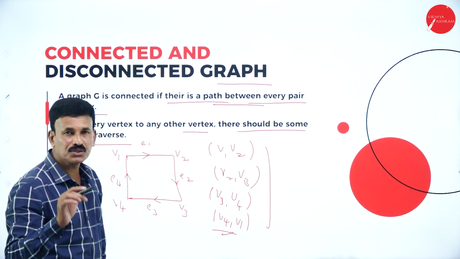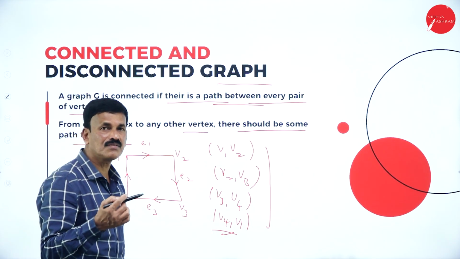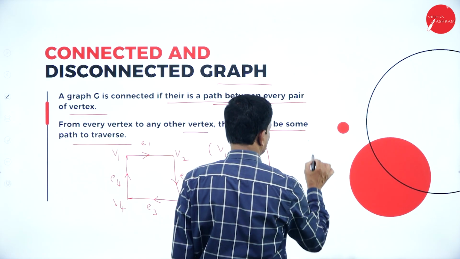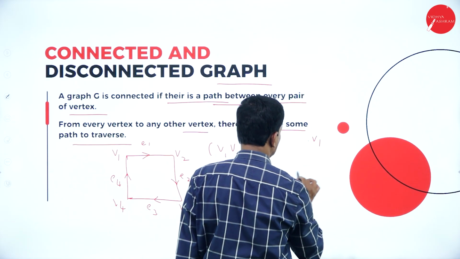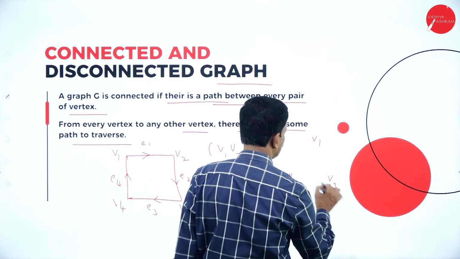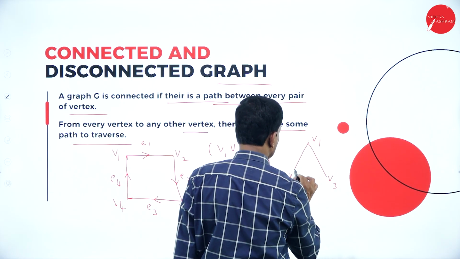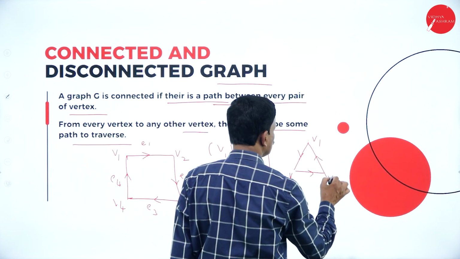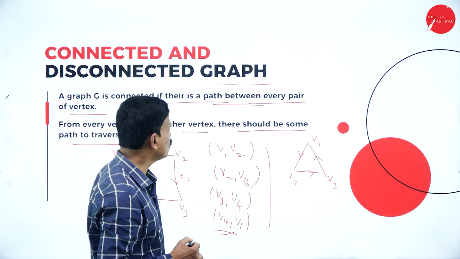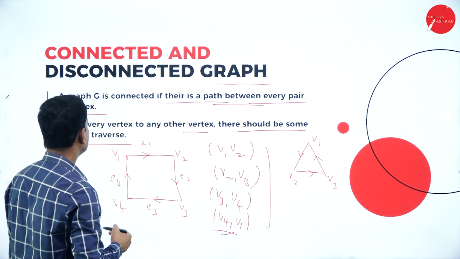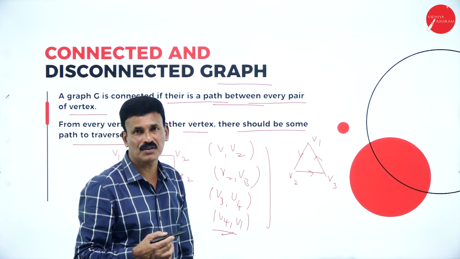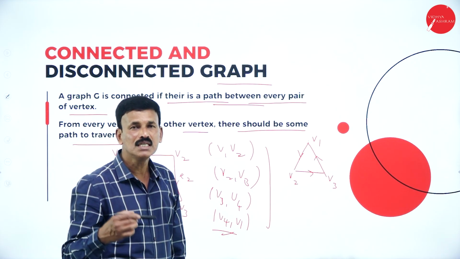If there is a path to travel from one vertex to another, they are called connected vertices. Let us consider one more example, vertices V1, V2 and V3: V1 to V2, V2 to V3 and V3 to V1. This is an example of a connected graph. Now, if there is no connection between some pair of vertices, then the graph is said to be disconnected.